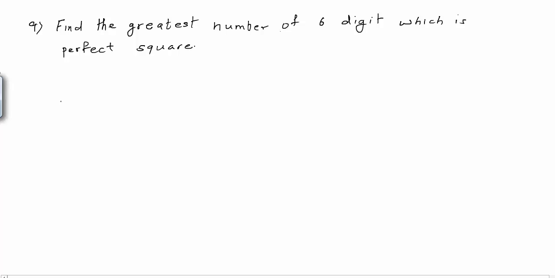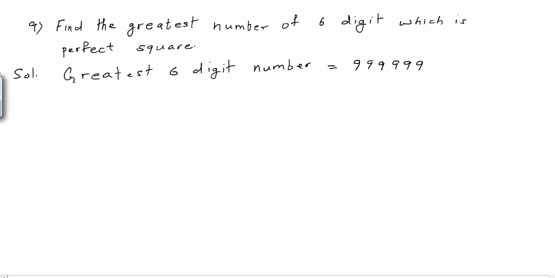Now first of all we see what is the greatest 6-digit number. Solution: it is equal to 999999. This is the greatest 6-digit number.